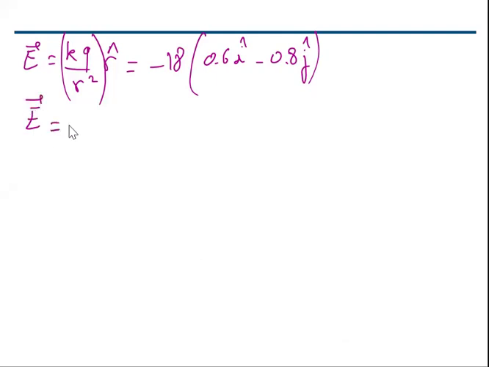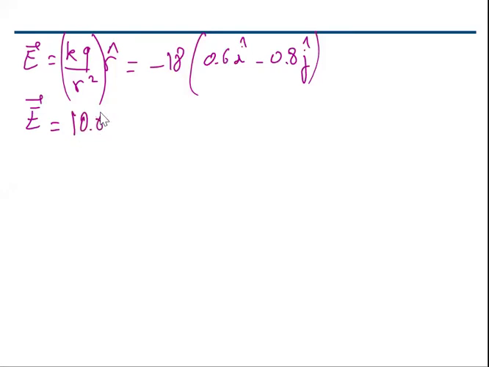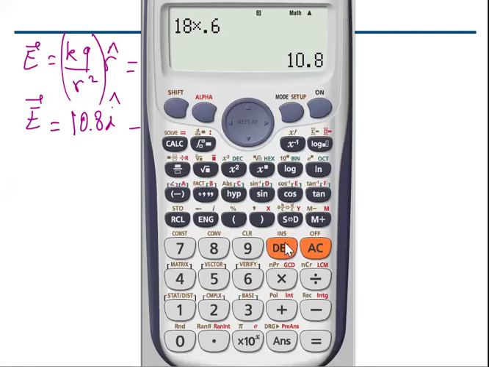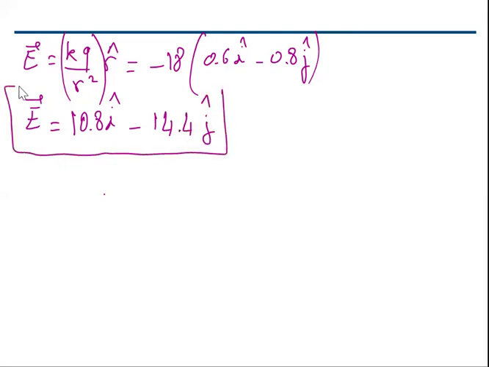The vector E is 18 multiplied by 0.6, which is 10.8i, minus 18 multiplied by 0.8, which will be 14.4j, and this is our vector. Don't forget that the unit is Newton per Coulomb because we are talking about electric field.